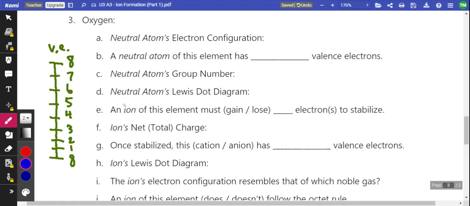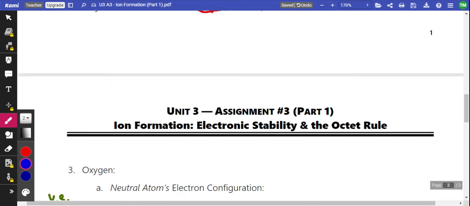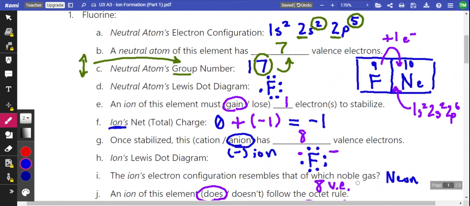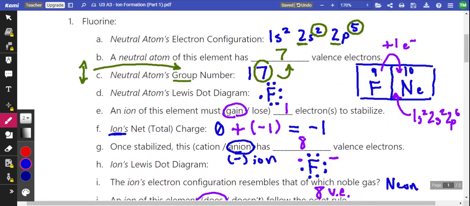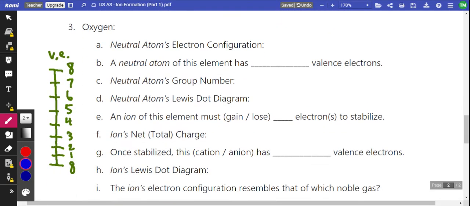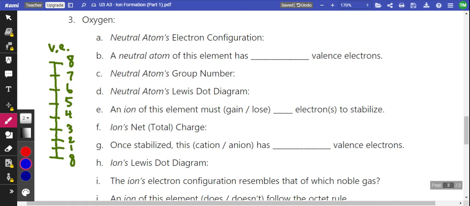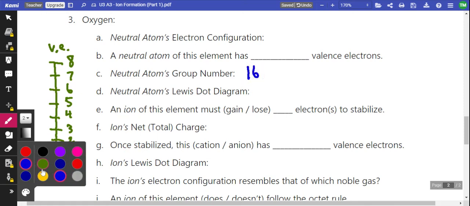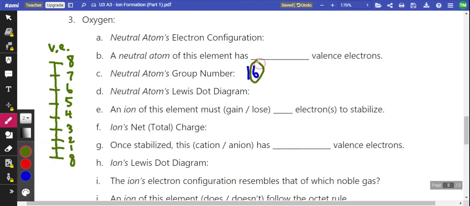Okay, oxygen has an electron configuration kind of similar to fluorine. All right, it's pretty close. It's like right next to it. It's like right here. A total of 8 valence electrons. So if we check where it's at on the periodic table, it's in column 16. So our shortcut tells us it should have 6 valence electrons.